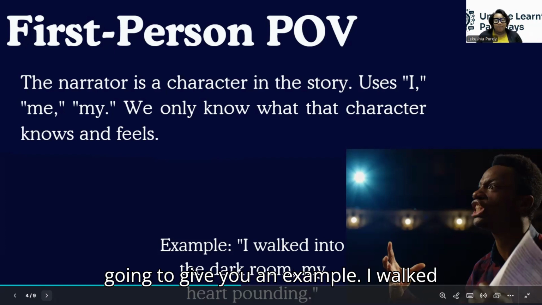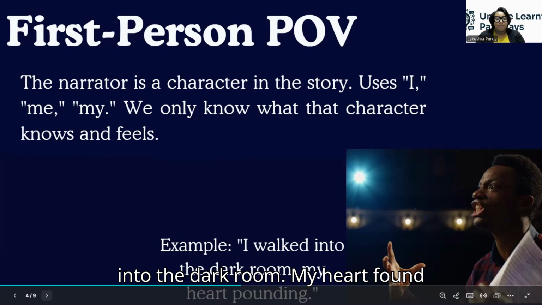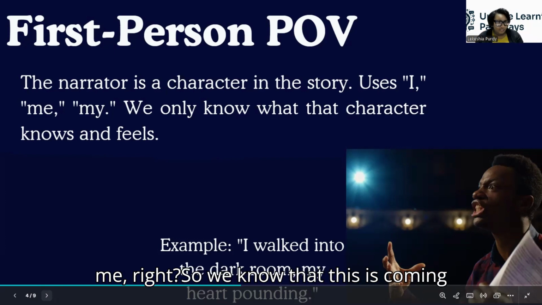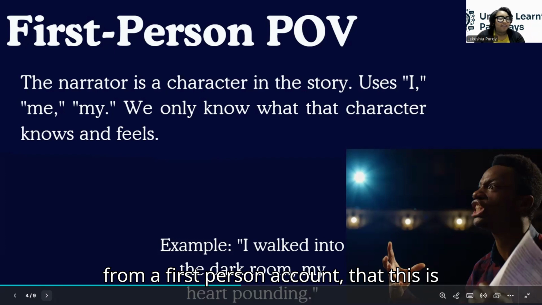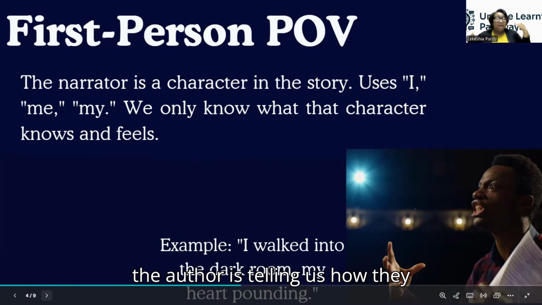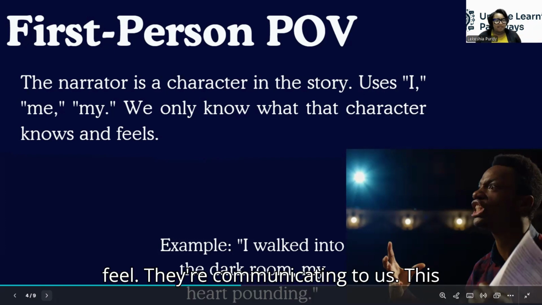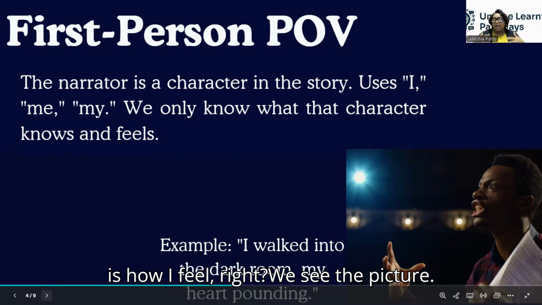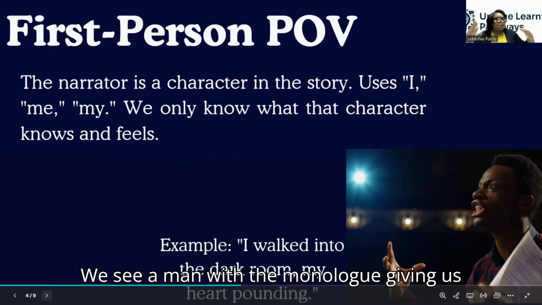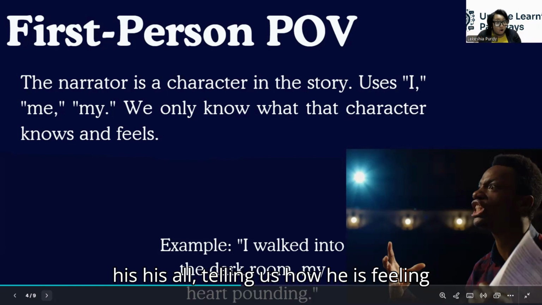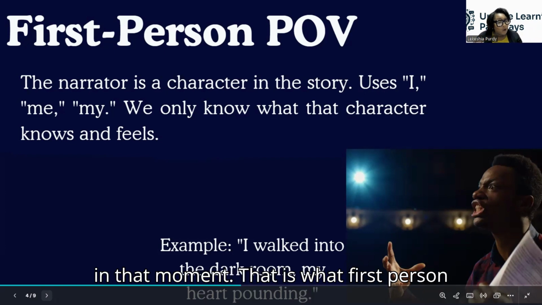So I'm going to give you an example. I walked into the dark room, my heart pounding. We know that this is coming from a first person account, the first person point of view, because the author is telling us how they feel. They're communicating to us, this is how I feel. We see in the picture a man with a monologue, telling us how he is feeling in that moment.